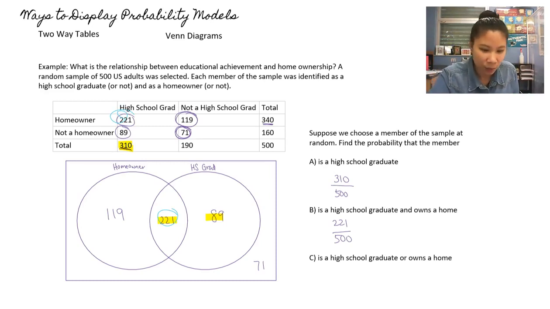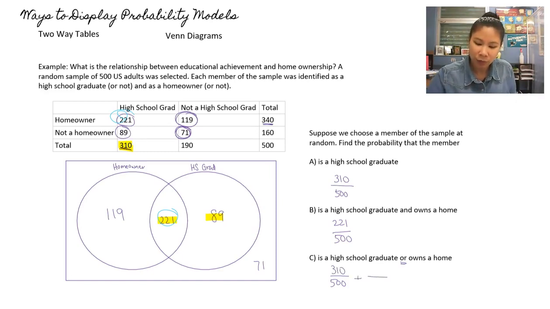Okay, last one, we are looking for the people who are a high school graduate or own a home out of the 500. So this is an or problem. Remember, we had that formula we could use, so we can find the probability that they are a high school graduate, which was 310 out of 500.